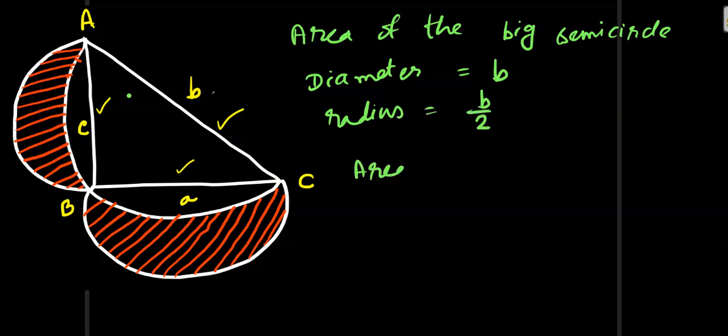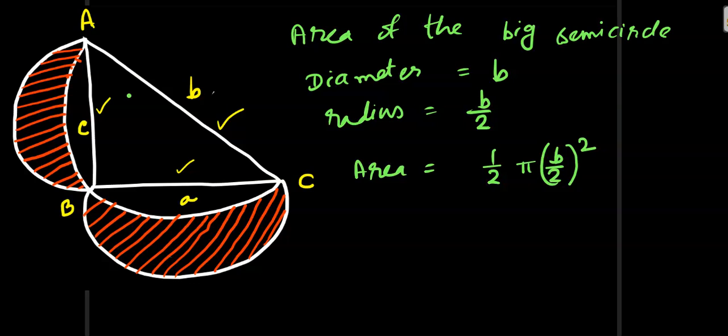Therefore, the area is equal to half pi (B by 2) whole square. Now to find the area of the shaded region, we have to subtract this area, that is the area of the big semicircle, from the area of the whole figure.